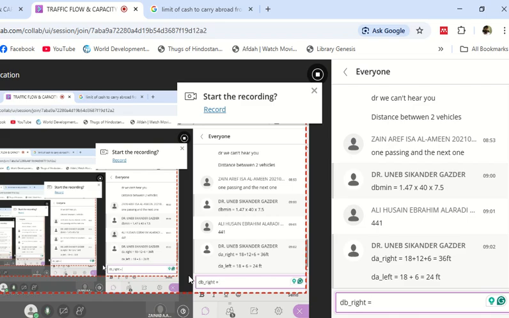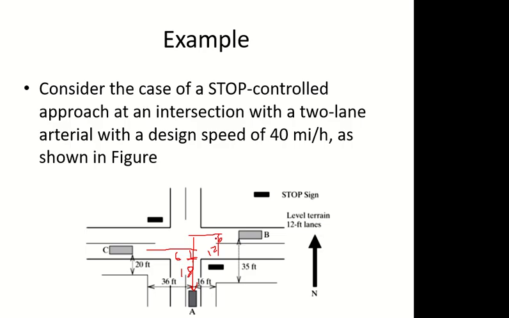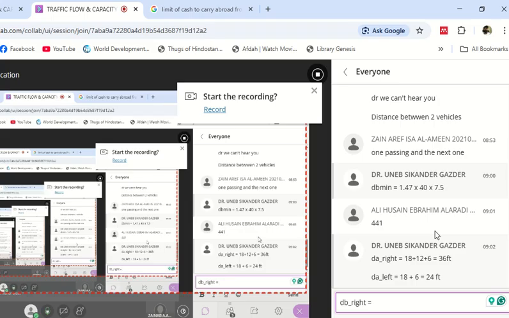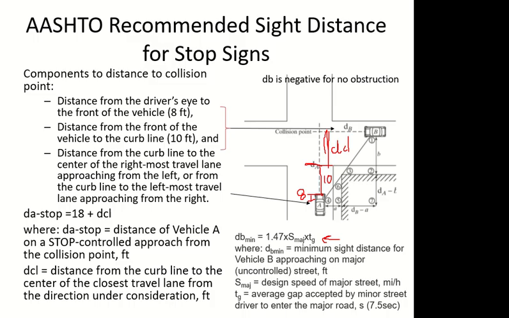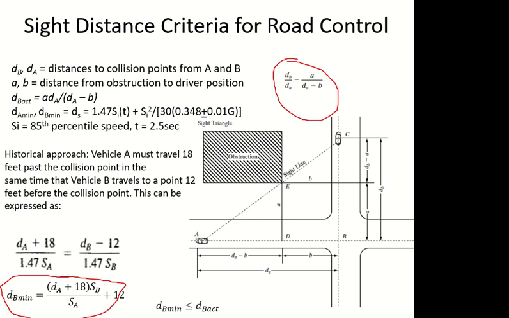So I need dA for the right hand side, which is 36 feet. Let me look at the ratio. Where is it? This one, right? Yeah, so A into dA.